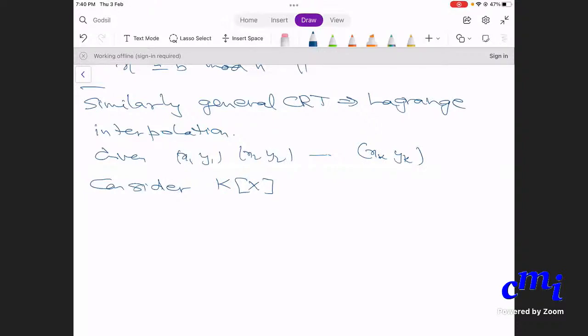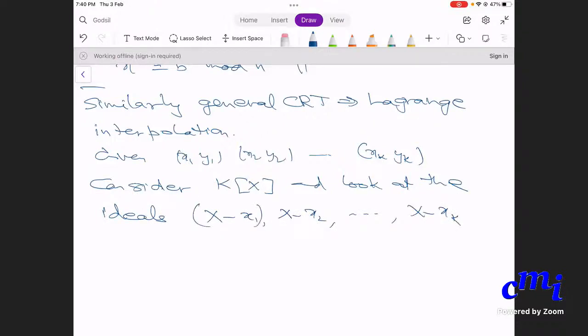So consider K[x] and look at the ideals generated by x minus x1, x minus x2, up to x minus xk. The ideal generated by x minus x1, the ideal generated by x minus x2, up to the ideal generated by x minus xk.